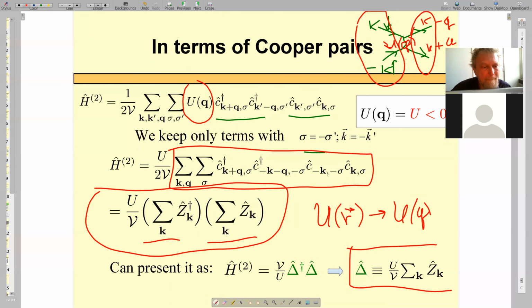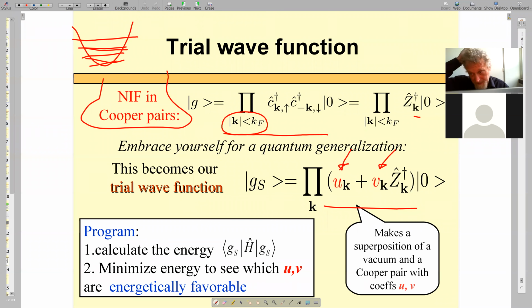Good. Let's go to the superposition. So now we have our trial wave function, and then we can actually check whether it was a crazy idea or a nice idea. Check with a standard machinery.